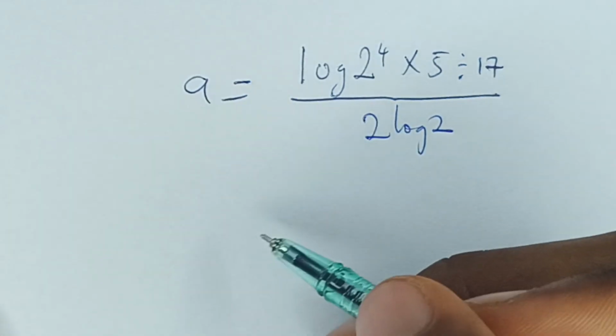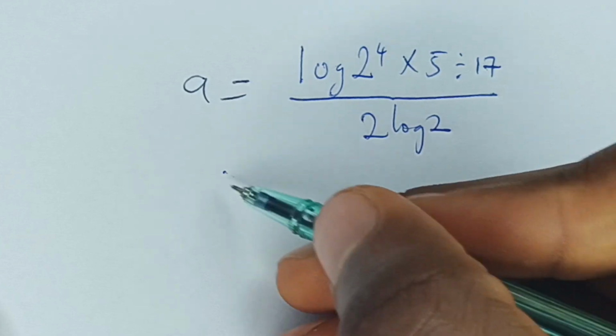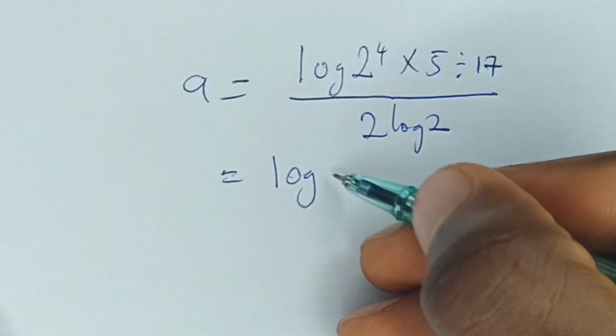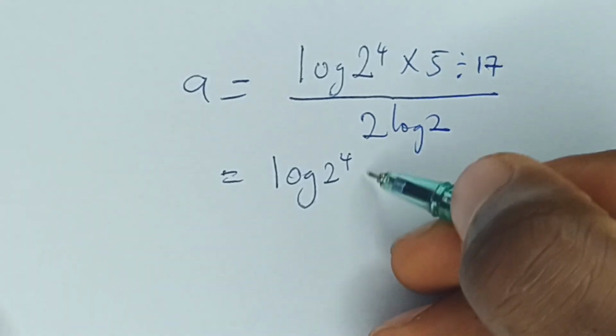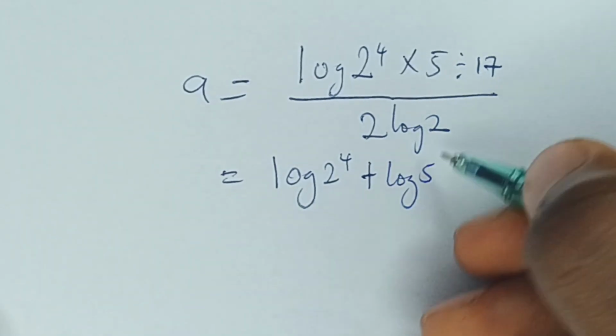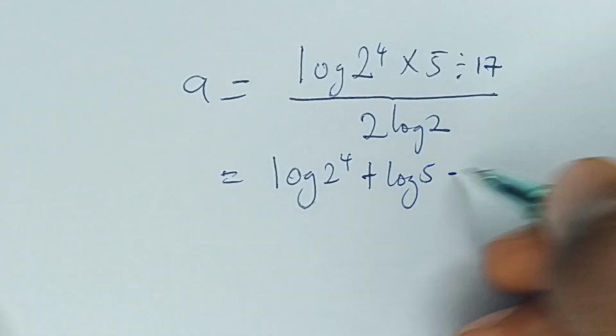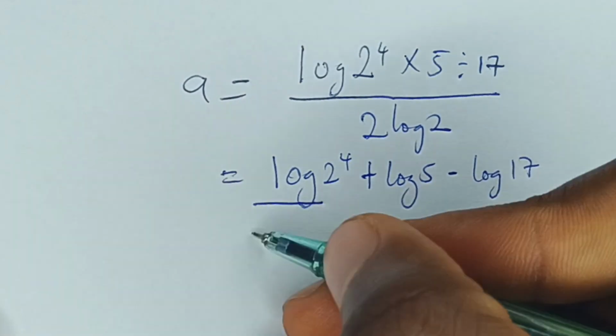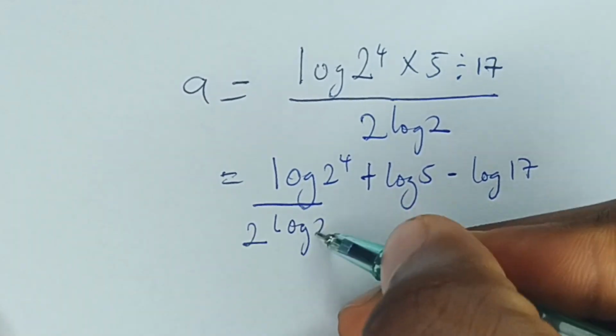Moving on from here, we can have this as log of 2 raised to power 4, plus log of 5, and then we have divide 17, which is minus log of 17. So each of them is divided by 2 times log of 2.